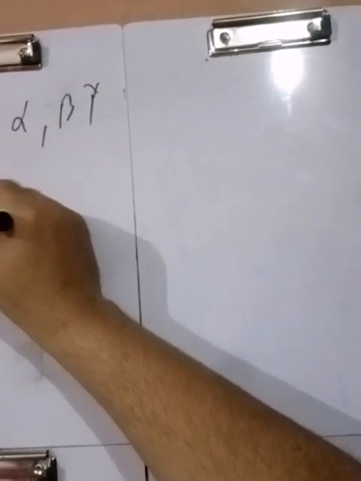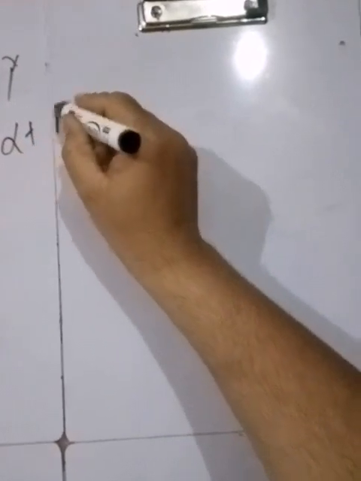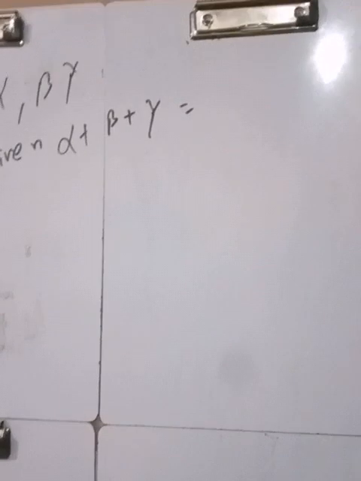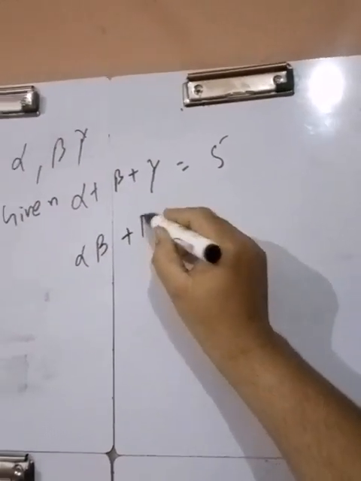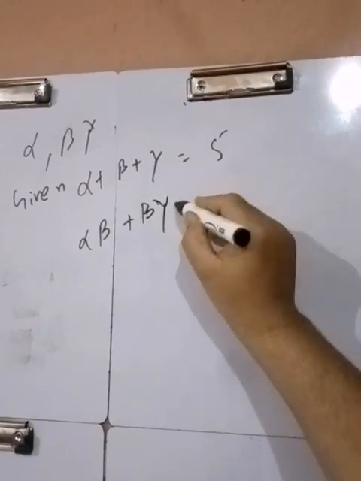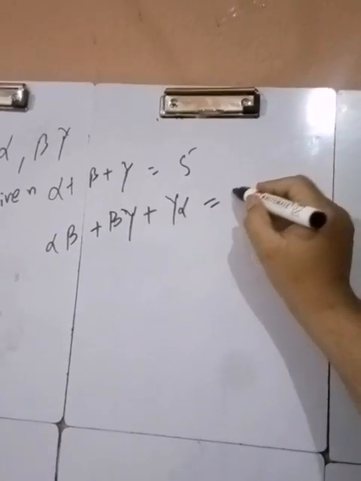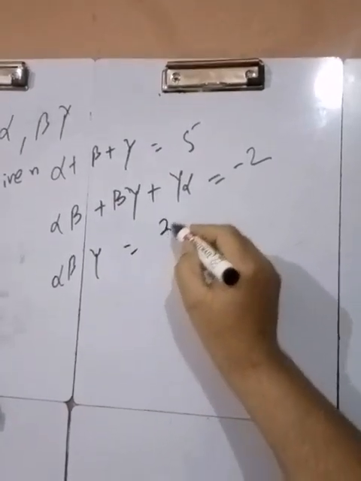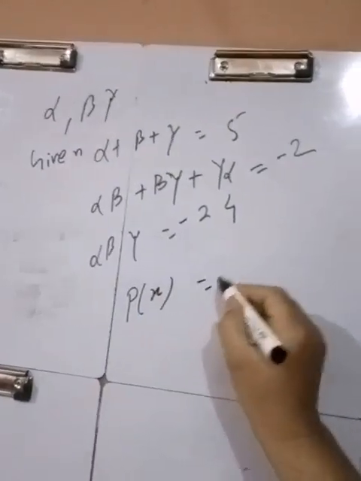So according to the question, what is given? Alpha plus beta plus gamma, the sum of zeros, is given as 5, and the sum of the product of zeros taking 2 at a time is given as minus 2, and the product of zeros is given as minus 24. Now we have to find the px. In this situation we directly put the formula. What is that?